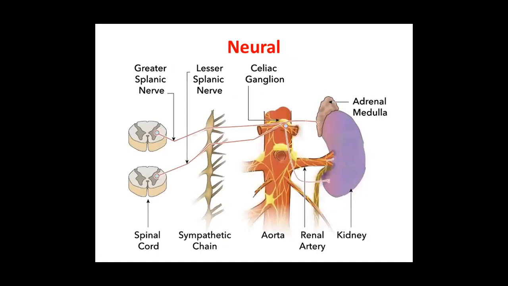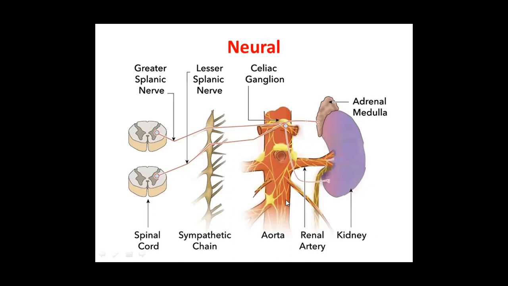Then lastly, almost penultimate, is the neural regulation. As usual, like cardiovascular regulation, it is mainly from the sympathetic innervation. Vessel walls are rich in sympathetic twigs. This is a sympathetic chain from which sympathetic twigs reach the vessels, giving a rich sympathetic innervation in the renal vessels. So with sympathetic activity, there will be profound renal vasoconstriction.